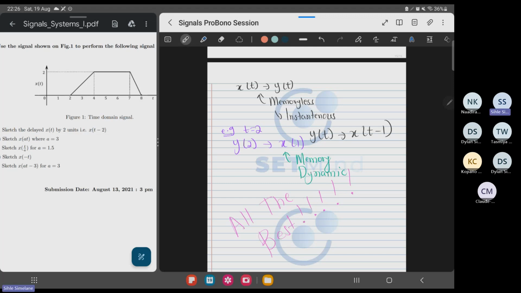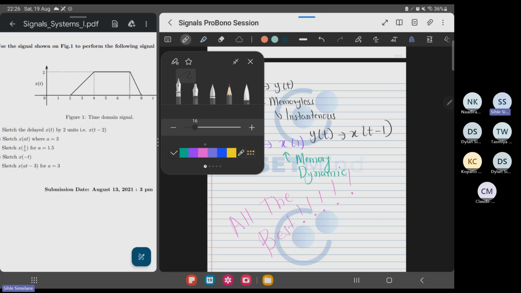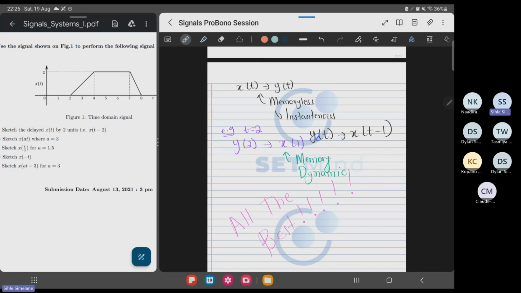So as a closing question, would this system be causal or not? Whatever is going on, would this be a causal system or not? Causal. Why would you say this is causal? Isn't it because when you sub in a value for x, for example, if t is 1, x is going to be 0, and then y is 1.